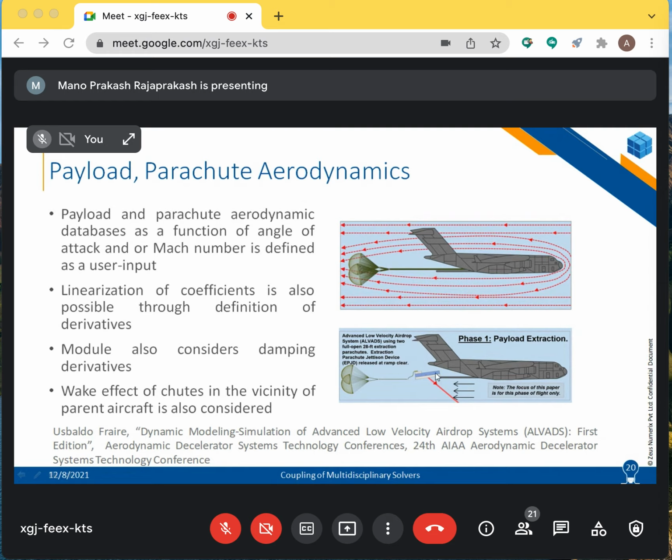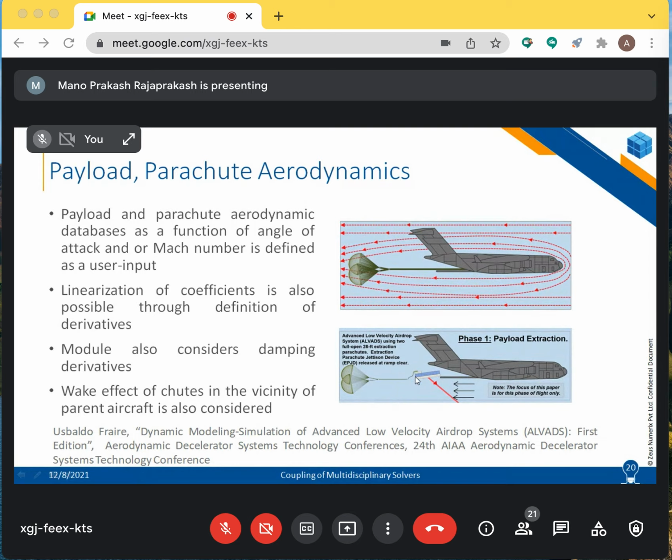As you may see here, when the payload starts coming out of the ramp, the airflow here is represented in this direction from right to left. You can see that you have the extractor applying force. In this image, you can see that force transfer has already happened. That is, this is the main parachute.